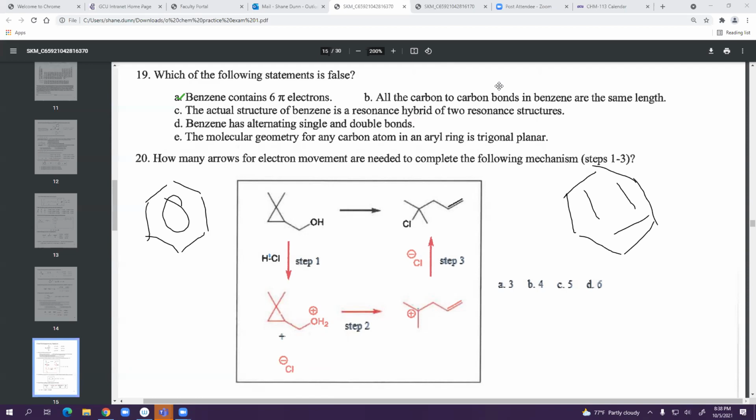You could think of the antibonding, but I like to think of it as always being in resonance form. The structure of benzene is a resonance hybrid of 2 resonance structures. That is true. You have benzene that looks like this. I'll draw that one better so we can see. Right?